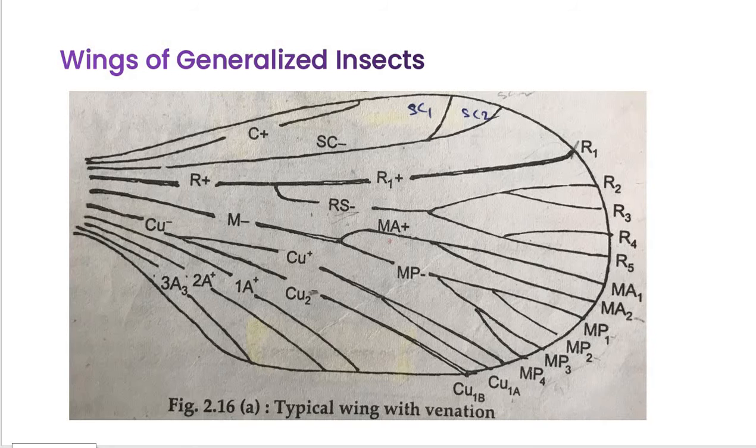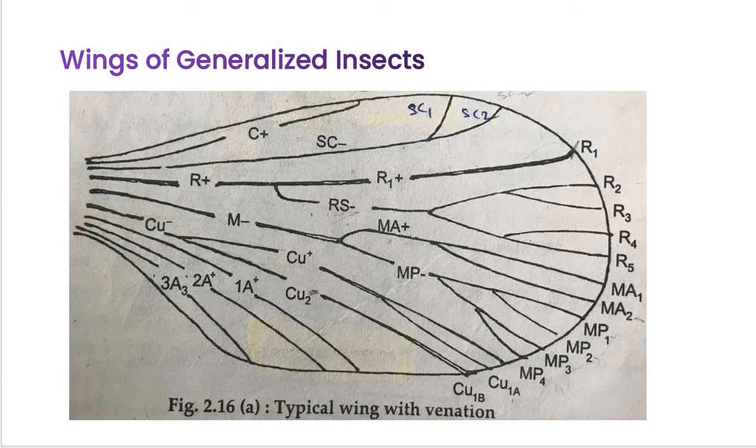Now here the wing folds along certain well defined lines, which are functionally of two types. Here the flexion lines. Such wing folds occur along certain well defined lines.